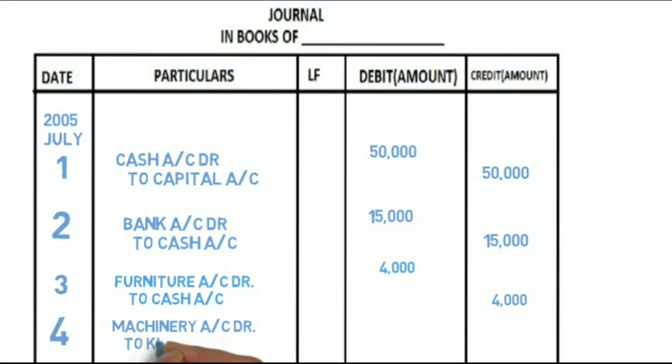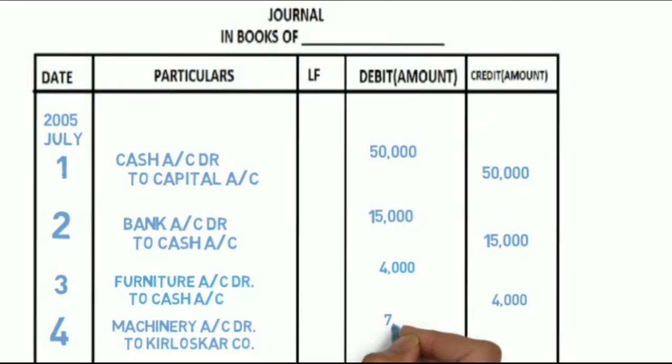Okay, so our creditor is a liability for us and we have bought a machinery. So accounts reflecting here are machinery and creditor. Creditor is our Kirloskar Co. So machinery is increasing and creditor is increasing. So machinery account to Kirloskar account.